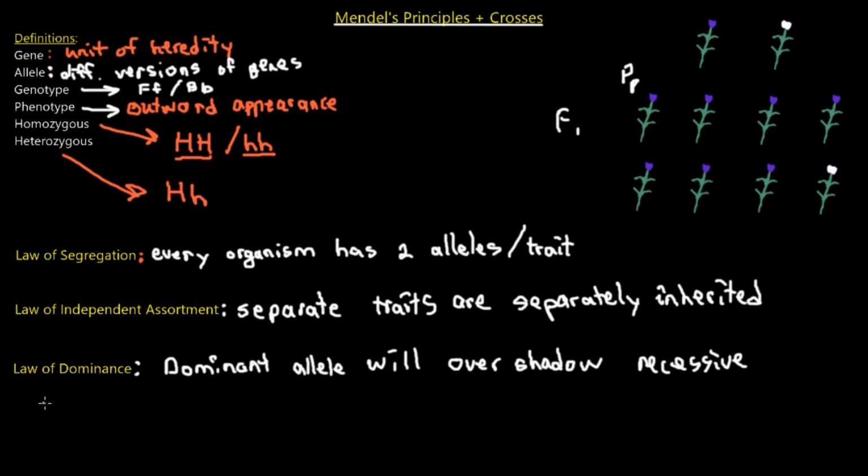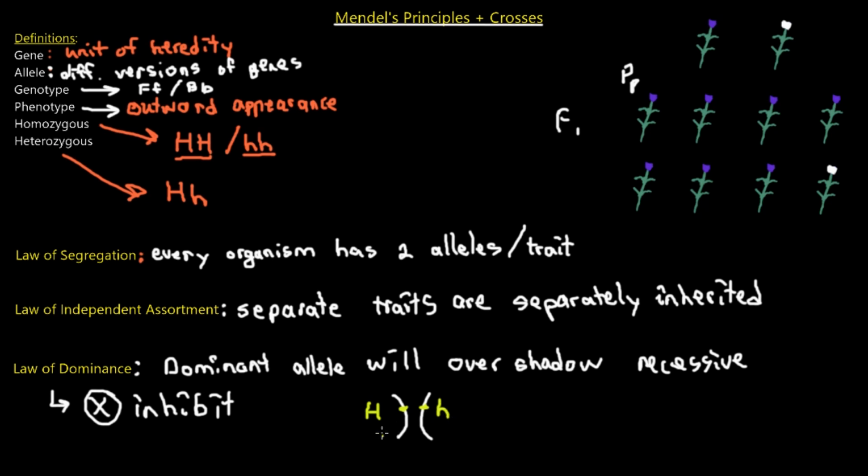Now, another thing I must mention about the law of dominance is that the dominant alleles do not directly inhibit recessive alleles. So what this really means is that when we have a homologous chromosome, and let's say we have a gene right here and a gene right here, one is dominant and one is recessive.